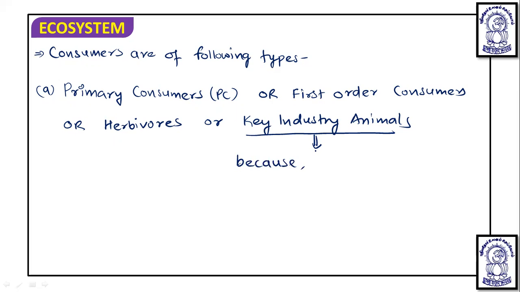They are known as key industry animals because they convert plant matter into animal matter.